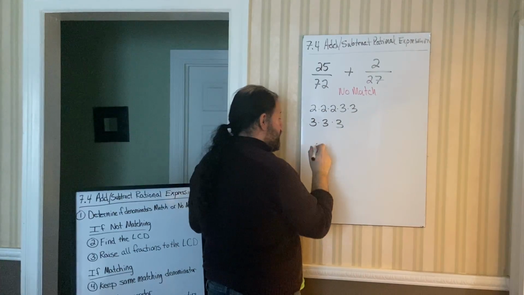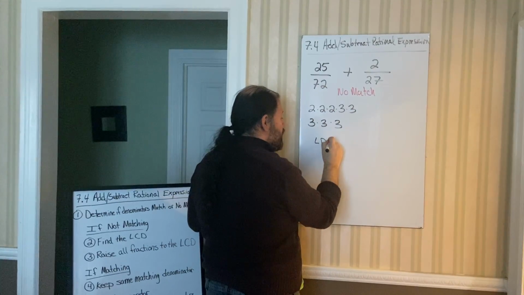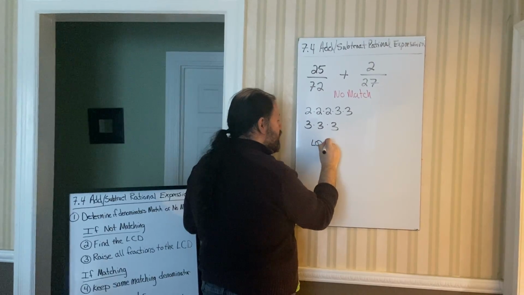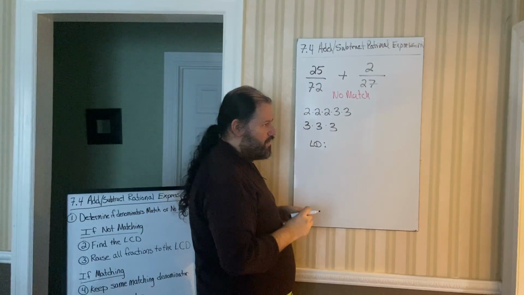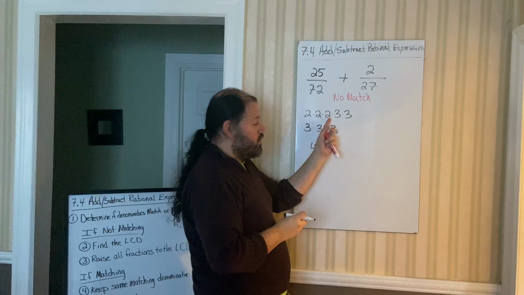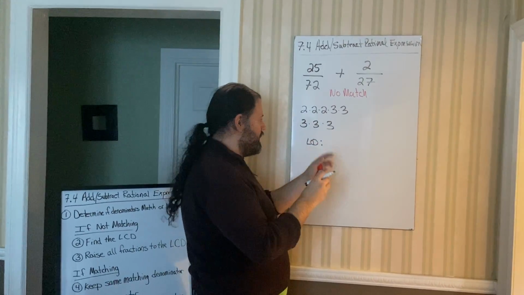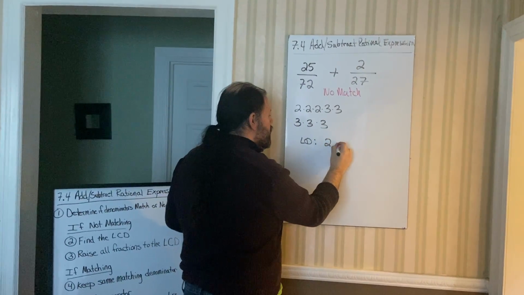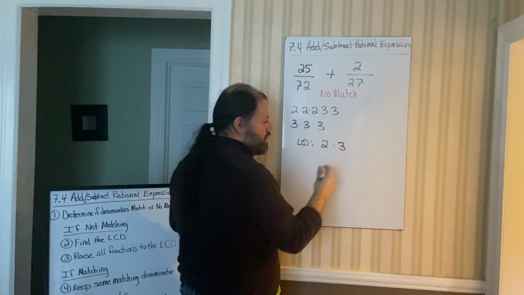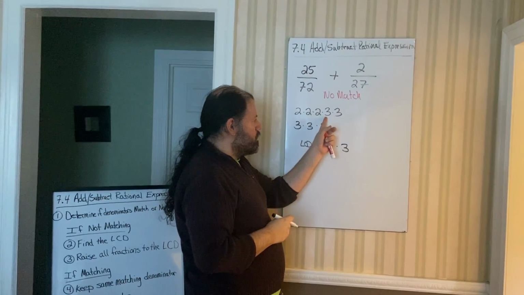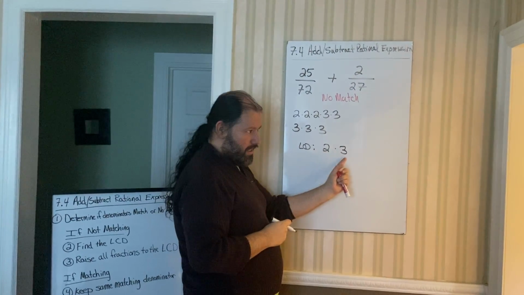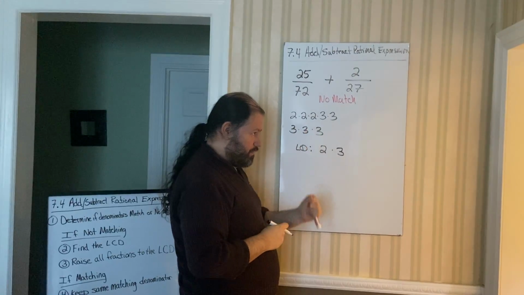So for us to do an LCD list, remember you write down LCD, and then you write down each of the different types of factors. Notice we have 2s and 3s. That's it. Notice I write down one of each type. Even though we have multiple 2s or multiple 3s, just write down each type only one time.